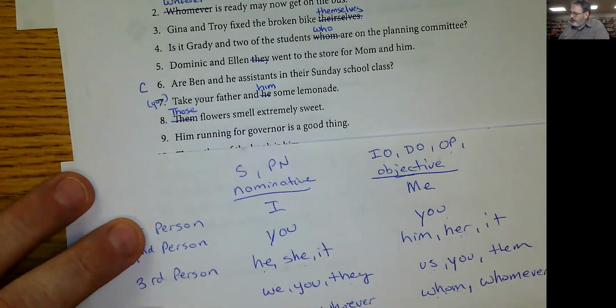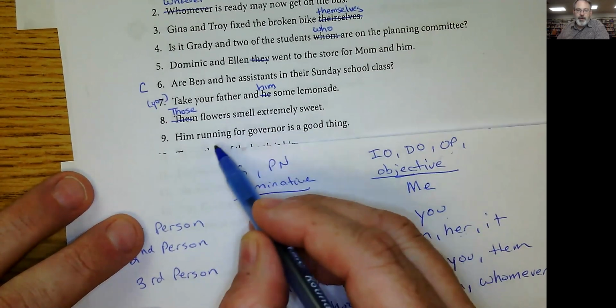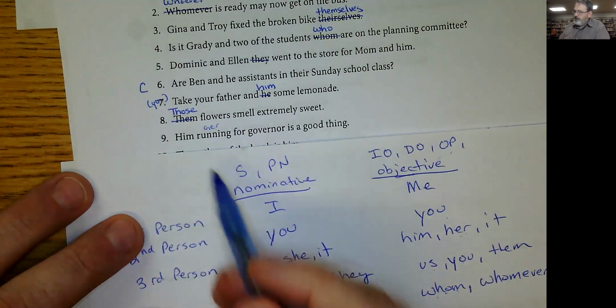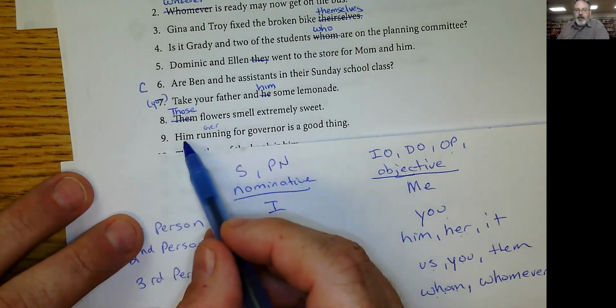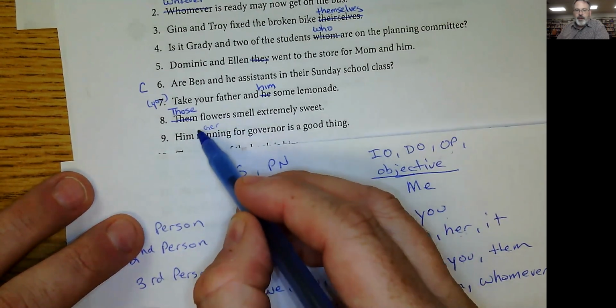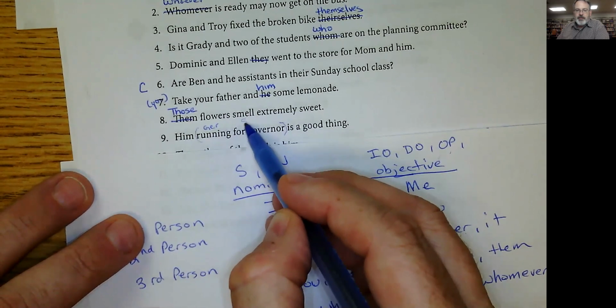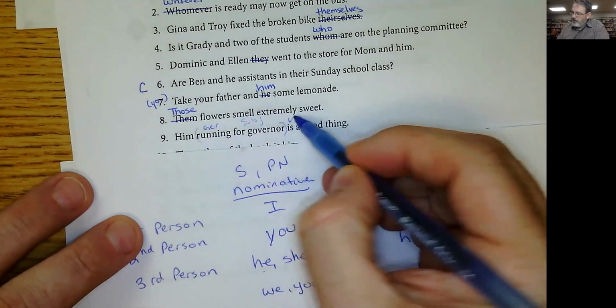Him running for governor is a good thing. All right. Well, this is that special case. Running is a gerund. Running for governor is a gerund phrase that's being used as a subject in this sentence, and is the verb.